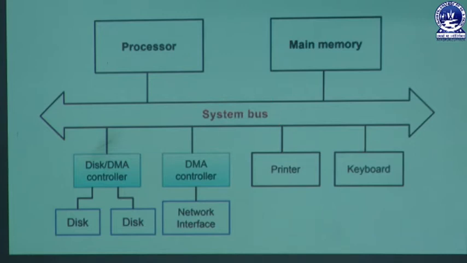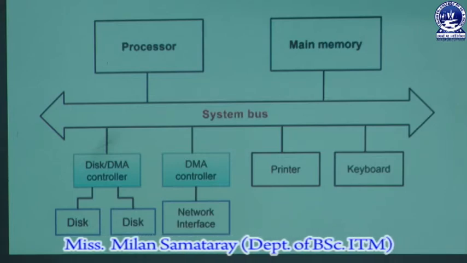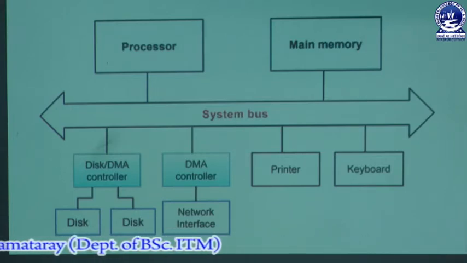The processor gives access to the DMA controller so that it can use the system bus, because the processor has the capacity of using this system bus, and it transfers the data between the input output device and the main memory. So when the DMA controller wants to control the data transfer in the absence of the processor, first it has to request the processor that I want to perform the data transfer.